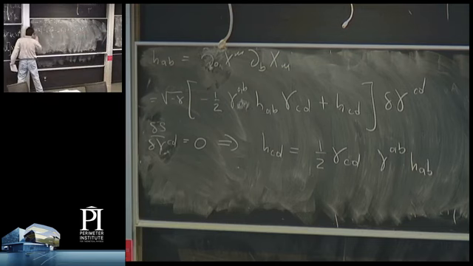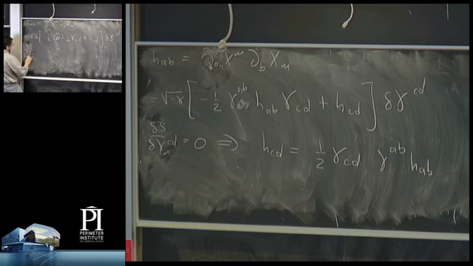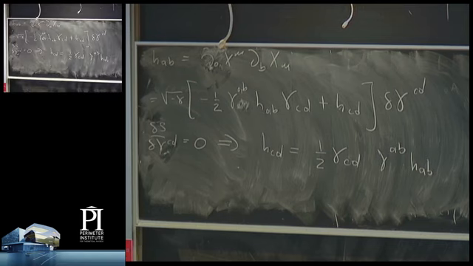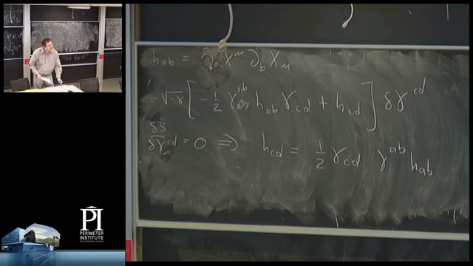Okay, so you can see now that if I'm asking that my action is stationary with respect to variation of gamma^CD, this guy equals 0. So that implies that the stuff in the square brackets equals 0. So I have h_CD must be equal to 1/2 gamma_CD times gamma^AB h_AB. All right, you with me, guys? Good.